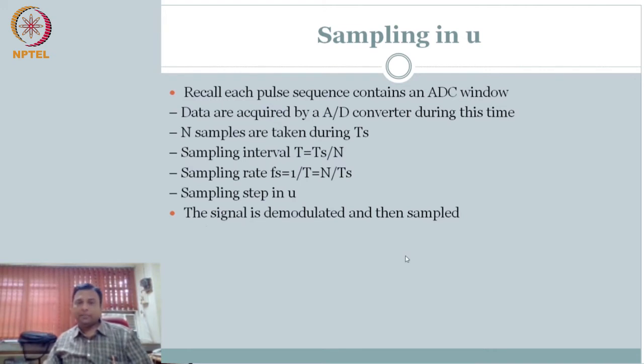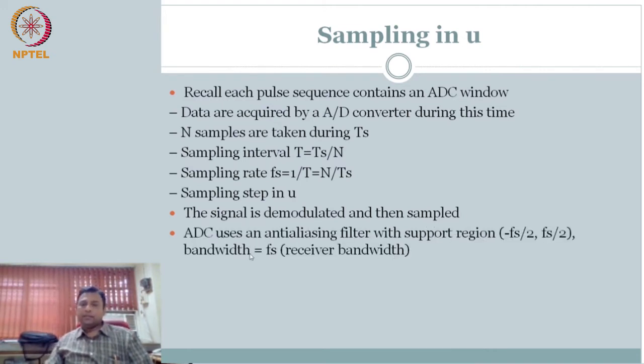The signal is demodulated and then sampled. That means before you do an ADC, we are always interested in anti-aliasing, so you need to apply an anti-aliasing filter for the highest frequency. That is the whole idea. I want to do Nyquist. Similar concept here, it's the same signal.